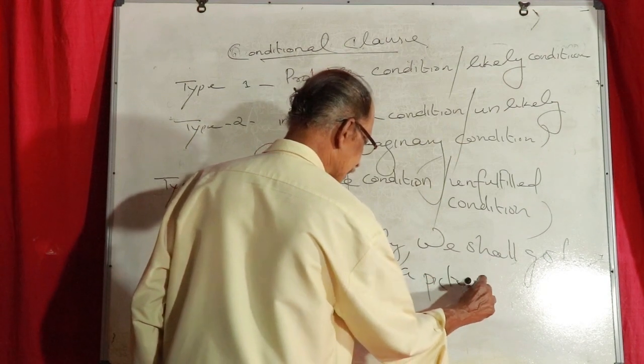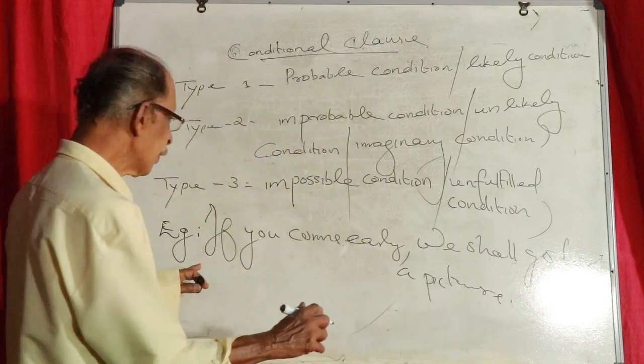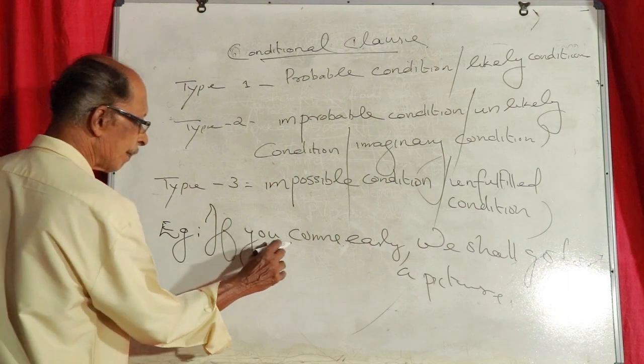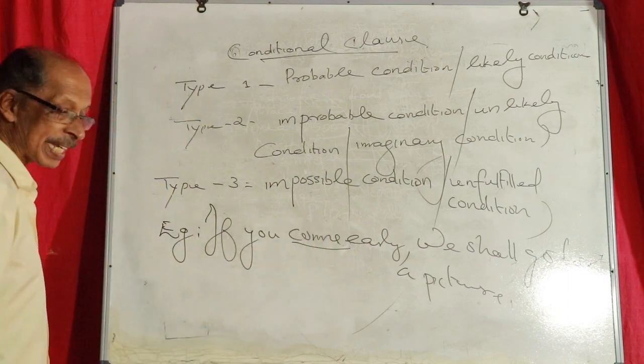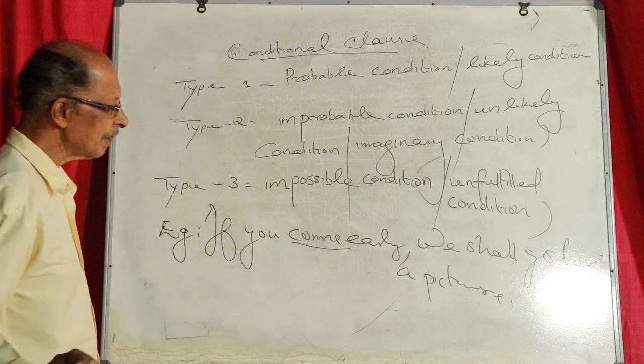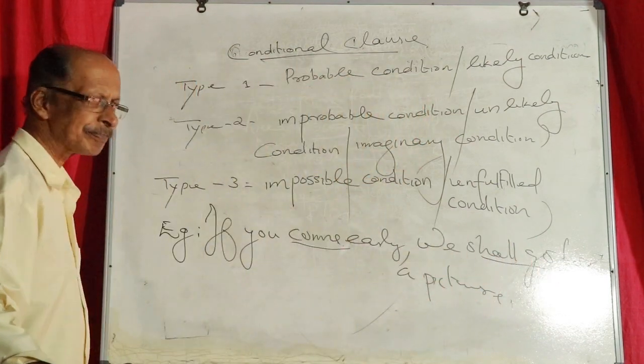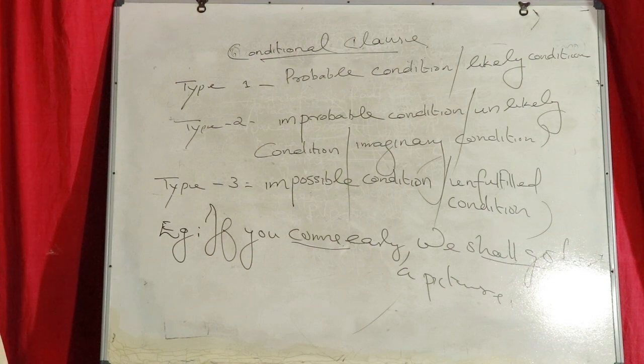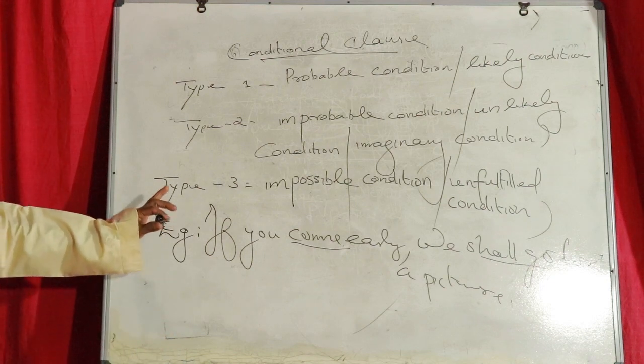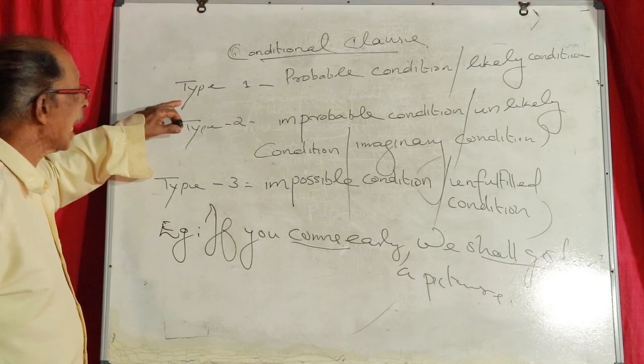If you come early: the verb come, you know, is in the if clause. Then we shall go for a picture. Shall go, you see? We shall go for a picture. So it is the first type.